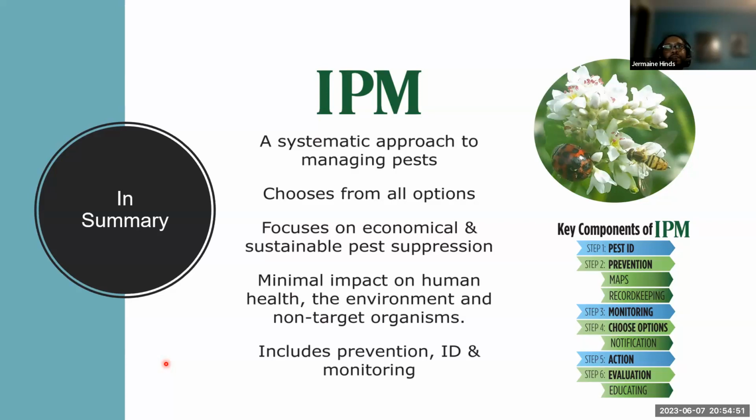So IPM is focused around minimal impact on human health, the environment, and non-target organisms. And that includes a focus on prevention, so prevention through a lot of that cultural control, a lot of identification and monitoring to keep track of pests and whether or not you need to implement a control. And that's all I have for today.